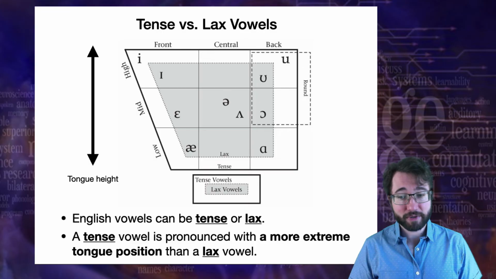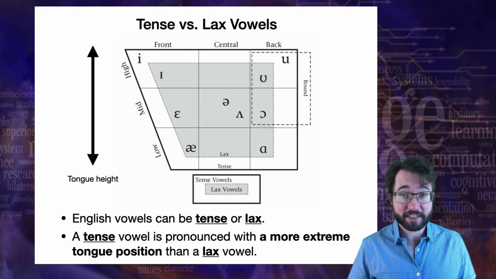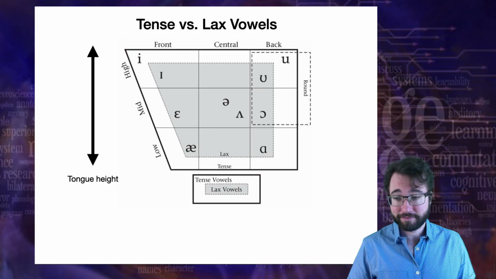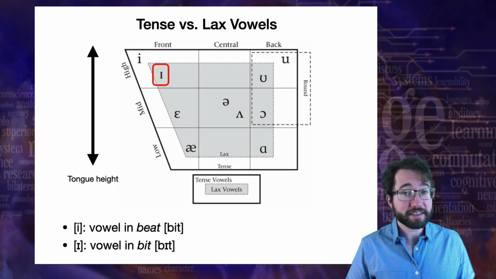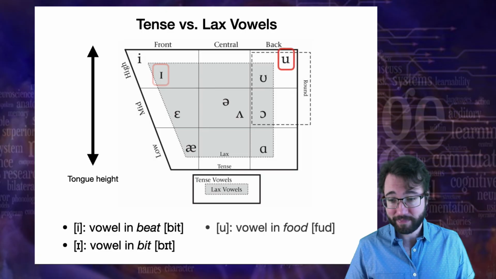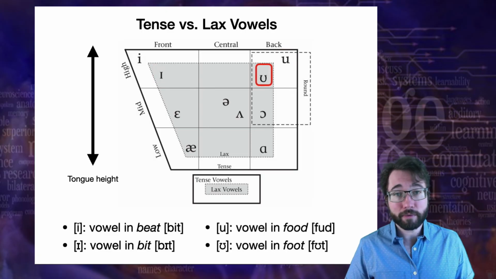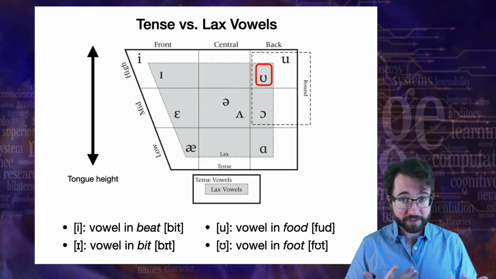A tense vowel is pronounced with a sort of more extreme tongue position than a lax vowel. That's going to be the E in beat versus the I in bit. So say E, I. You can feel the tense lax distinction in your mouth there. And U, between food and foot, food, foot. Same vowel, but the foot vowel is a bit laxer.